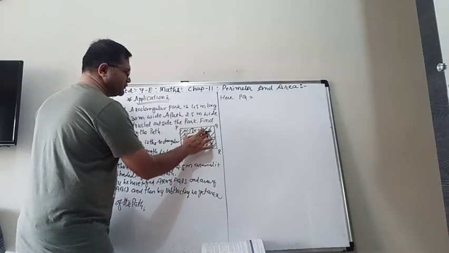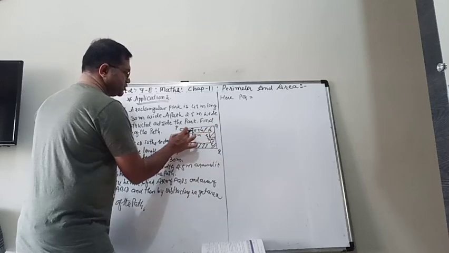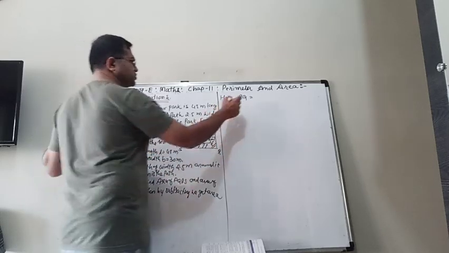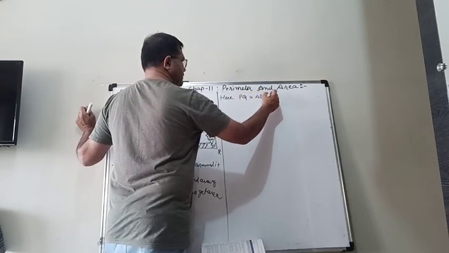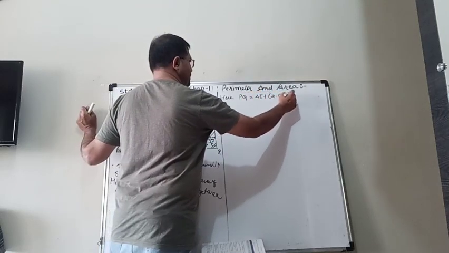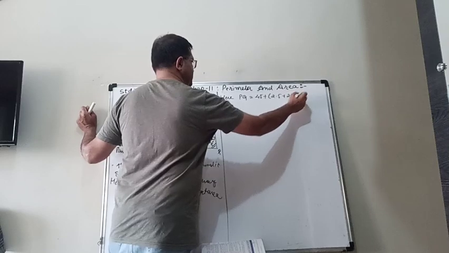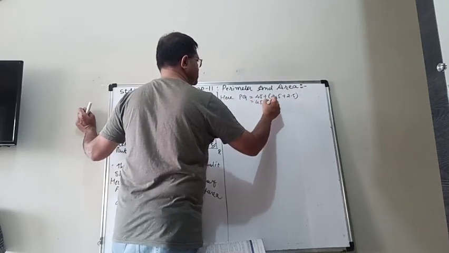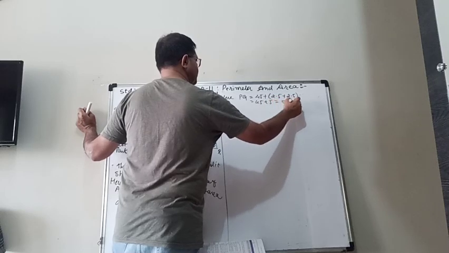We know that it is 45 meter and 2.5 meter on both sides. So the length of PQ will be 45 plus 2.5 plus 2.5, that is 45 plus 5, that is 50 meter.